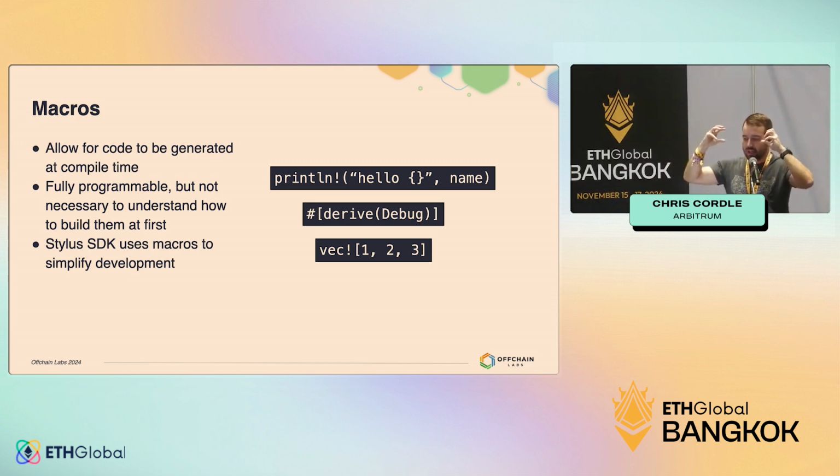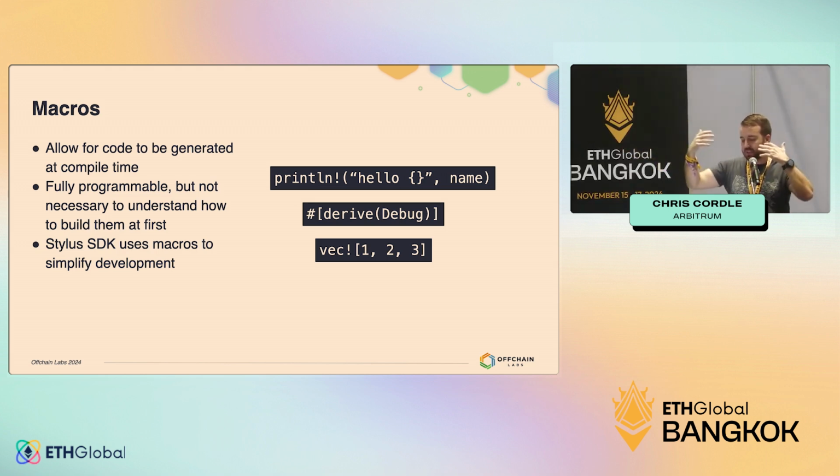Just note that in the background when you're compiling, your code is going to be swapped out with the code that gets generated by that macro. Same thing with the hashtag with the brackets, derive, debug, or whatever. If you see that syntax, that's a macro, usually an attribute-like macro, and those are usually attached to functions or structs.